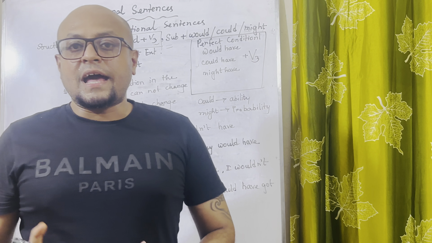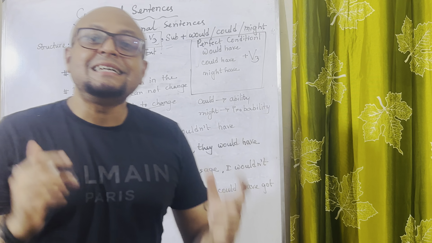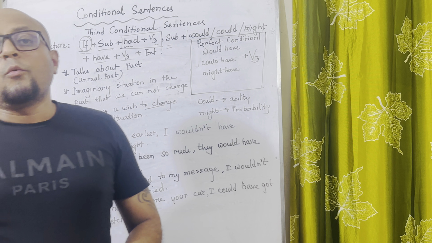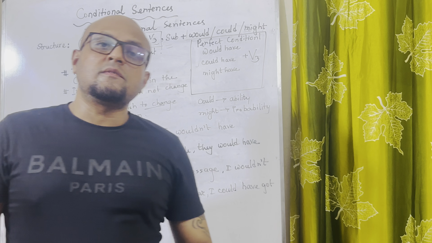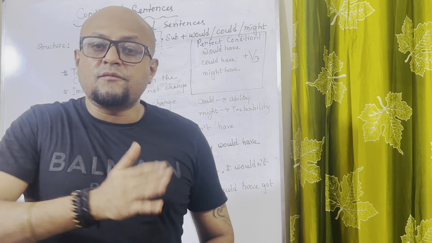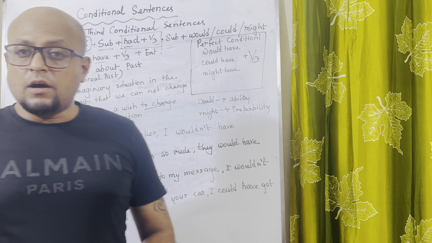This is also known as the perfect conditional, where we use modal auxiliary verbs like would, could, might, followed by have, and then followed by a V3 form of the verb.